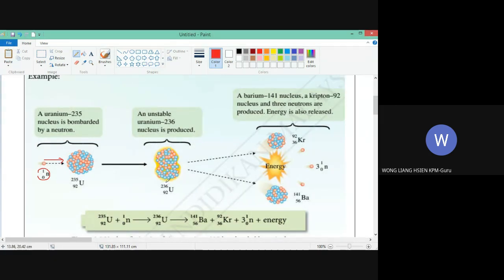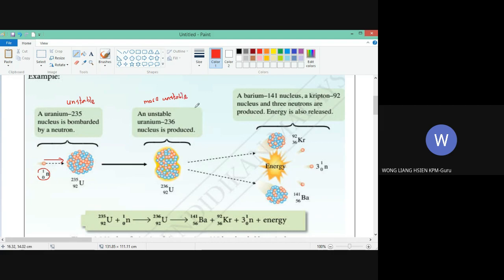This uranium-236 is extremely unstable. This uranium-235 is already unstable, so when you absorb the neutron, it becomes even more unstable, very, very unstable.